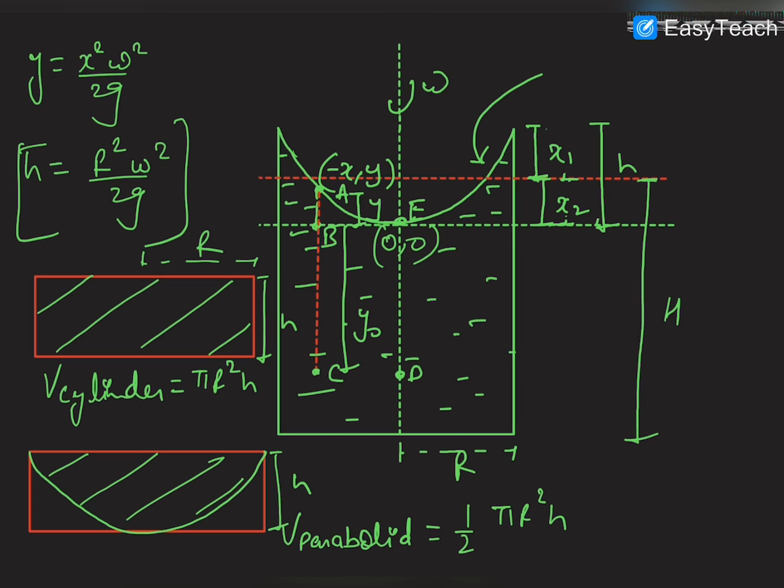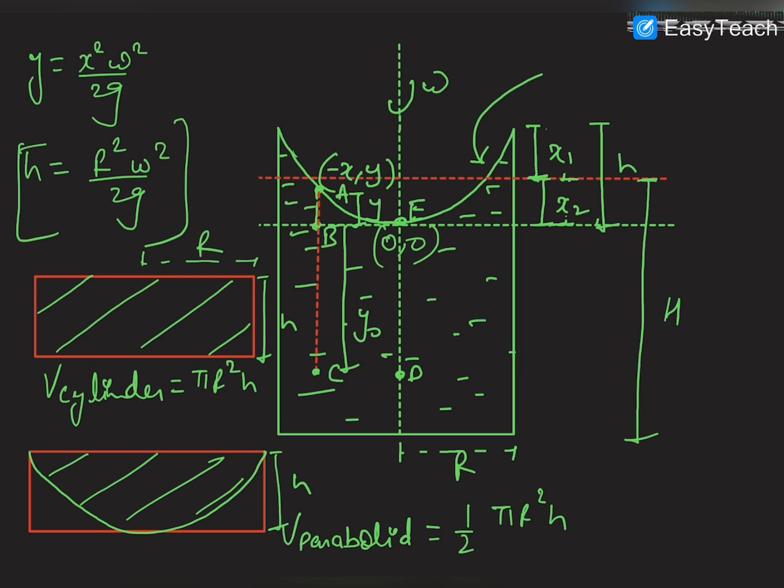Now if you just focus on this cylinder, we can say that when the container was at rest, this complete liquid cylinder was like that. When the container started to rotate, the cylinder of liquid, which is this one, is still the same, because no liquid is displaced from the cylinder. But the liquid which was initially inside this cylinder gets adjusted into this part.